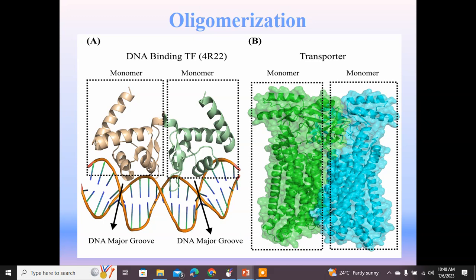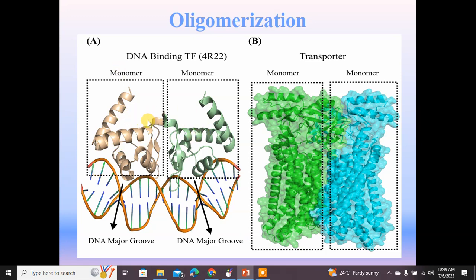So if certain sequences are present on this strand, and if this protein has to interact with these sequences, the same sequences will be here. So the protein has to interact with these sequences in both places, here and here, and for that reason it has to generate a dimer.